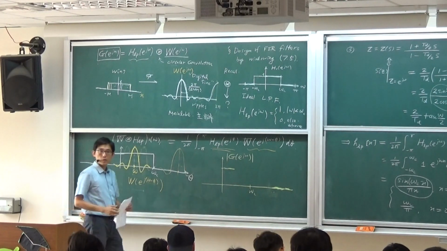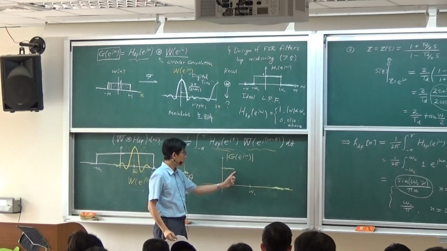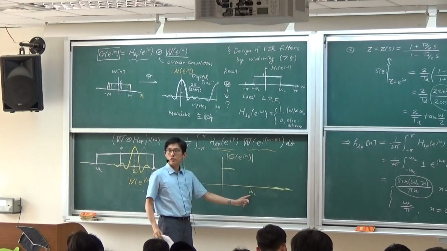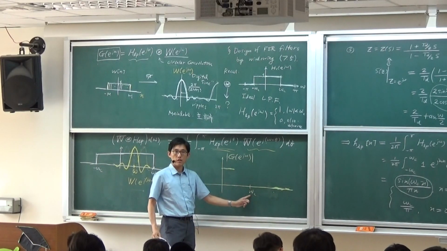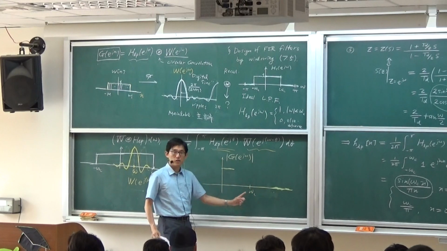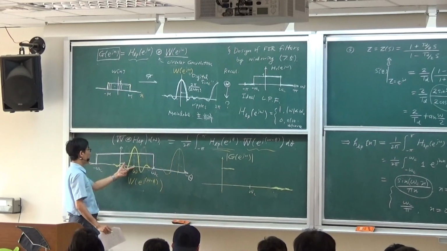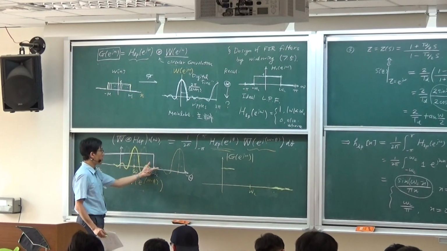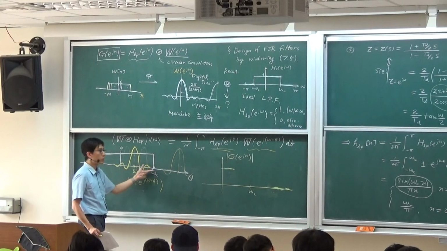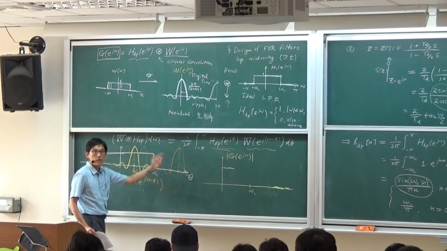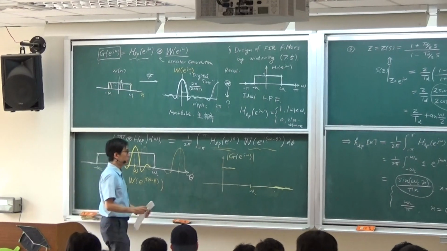Now you can probably guess that the result near the cutoff frequency is going to be more interesting. This is when the yellow thing is moving from the left to the right, crossing that cutoff frequency and continuing to the right. Let me show you the result.